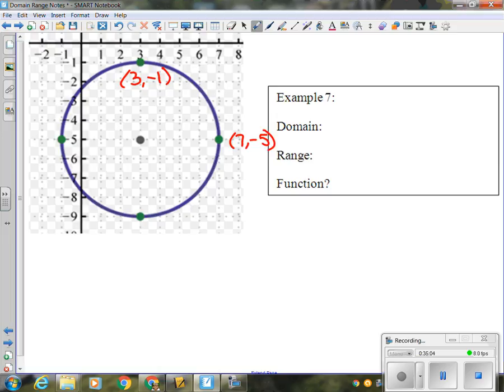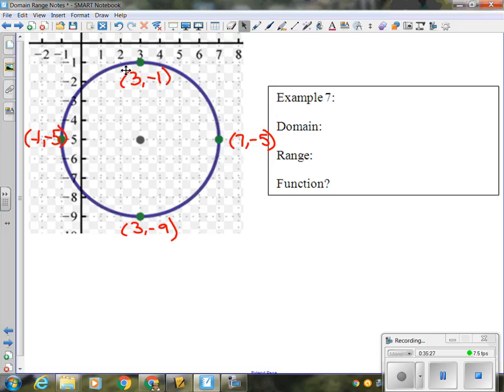Okay, and down here, the coordinates would be 3, -9. And then on the left is -1, -5. Everybody good with that? So if I'm looking at x values, I have -1, 3, and 7, and then a repeat of 3. Does everybody see that? You will not need all 3 of those numbers.